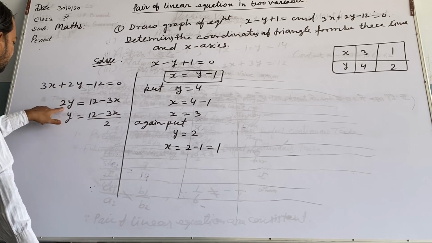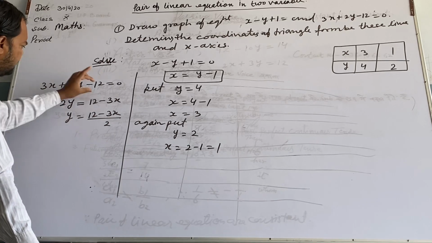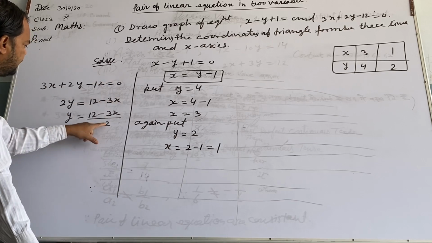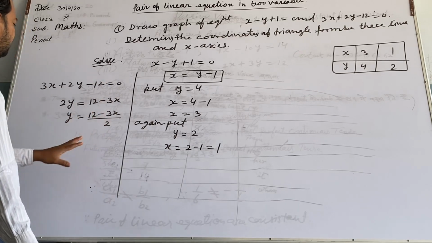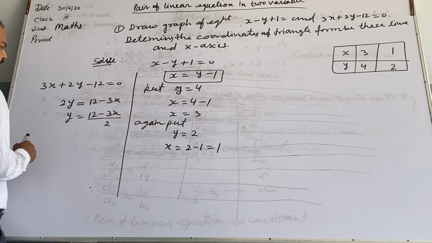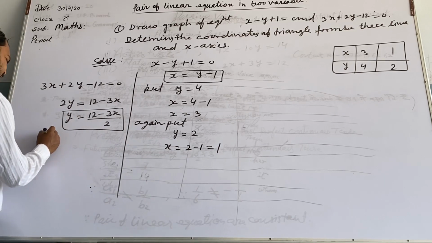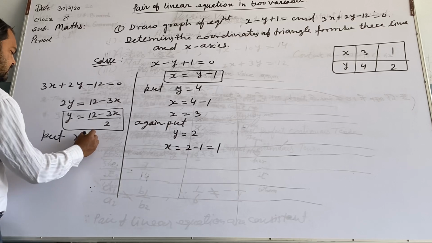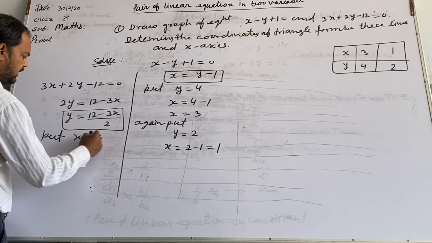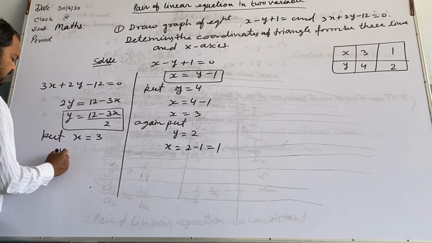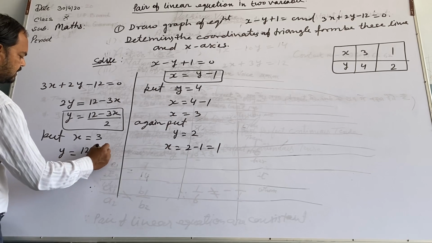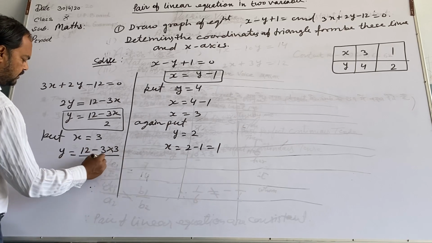But here there are multiple 3s. So we will always transfer 3x, because 2 can cancel any number and avoids decimal places. So now put different values of x. Put x equal to 3, then y equal to 12 minus 3 into 3 upon 2.